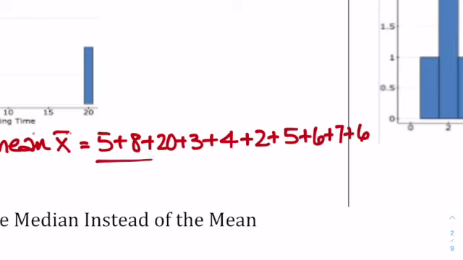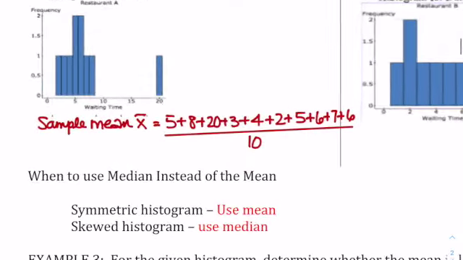And then divide by 10 because that's how many data pieces there are. And that's going to come out to be 66 over 10, which divided is 6.6. And the units are going to be minutes because those are times. Okay? And that is a sample mean.